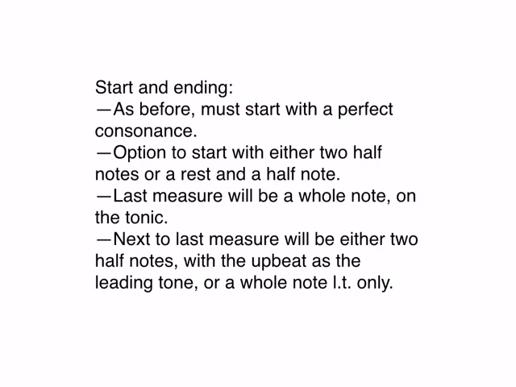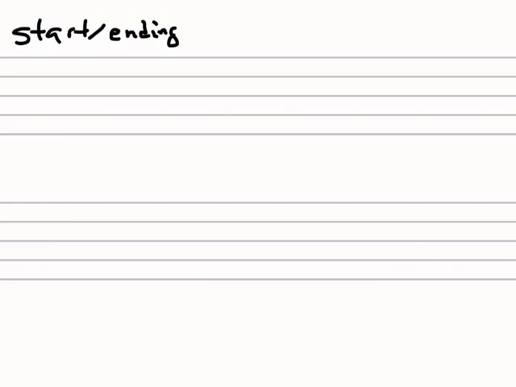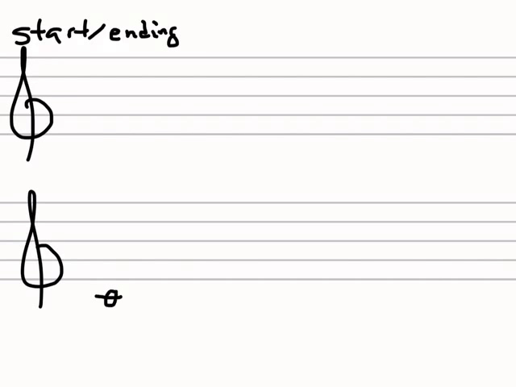Now, about the startings and endings. Just as before, we have to start with a perfect consonance, but now we have an option to start with either two half notes or a rest and a half note. So let's go back to the beginning of a line, and let's imagine that we're starting the cantus with a C and then going to a D in the key of C major.